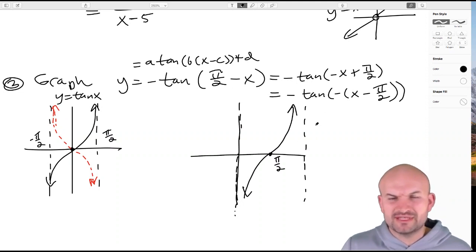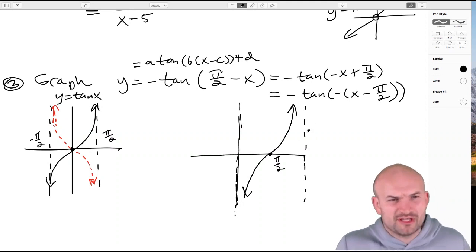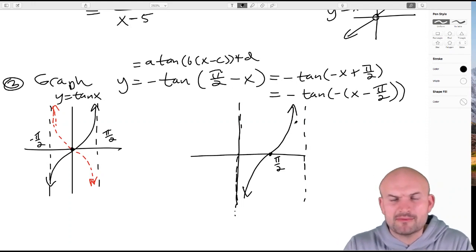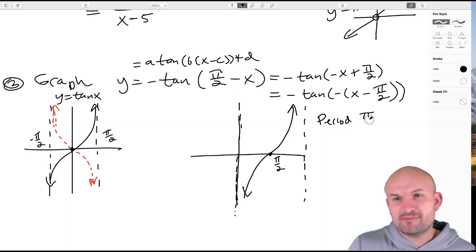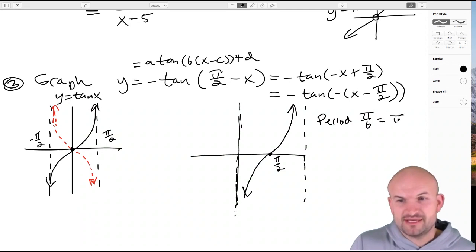So let's go through the characteristics, because I really don't focus too much on graphing with my students anymore, but I do make sure that they understand how to find the period. Remember, the period for tangent is pi divided by b. In this case, my b is the coefficient of x, which is 1. So that's just going to be pi.